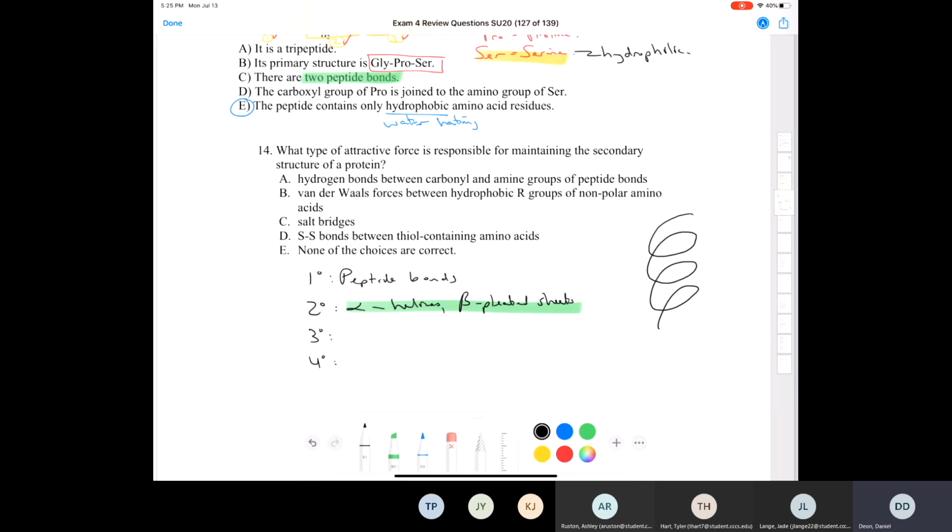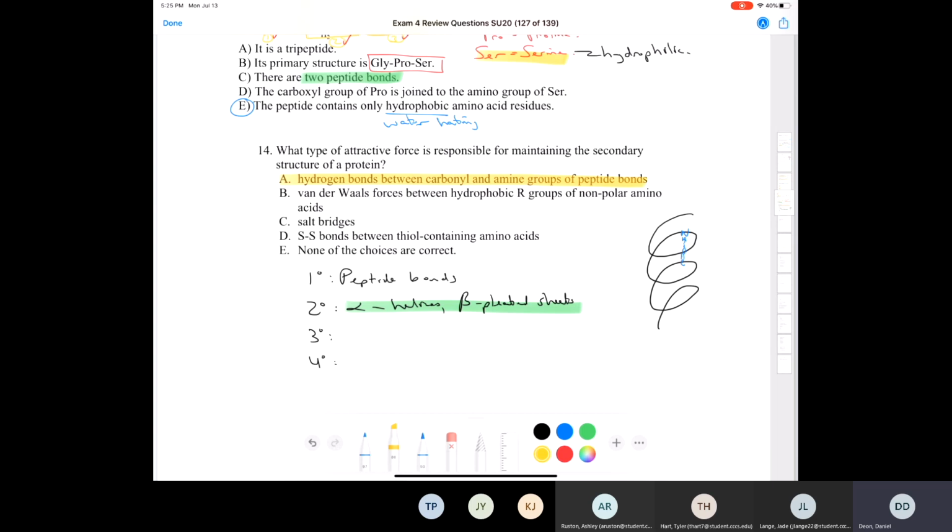And it shows the hydrogen bonds between, say, a nitrogen and then a carbonyl down here, and you'll see the hydrogen bond like this between the nitrogen, hydrogen. Anyhow, you get the idea. So the answer is hydrogen bonds between the carbonyl and the amino groups, or the amine groups of peptide bonds.